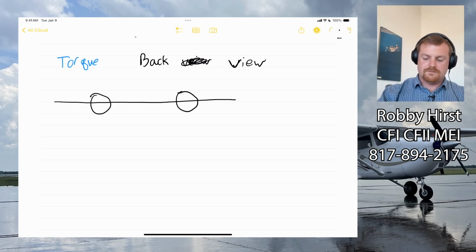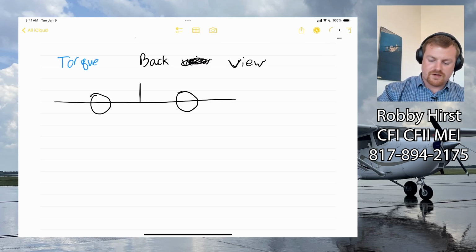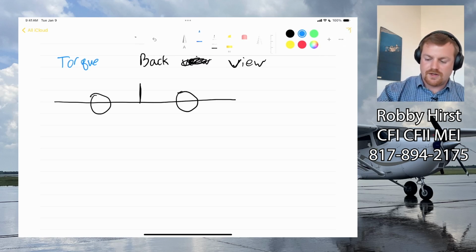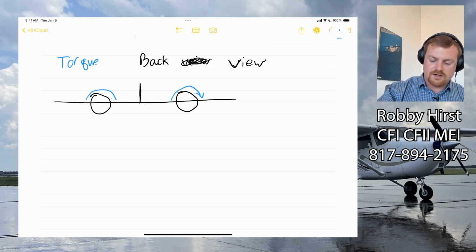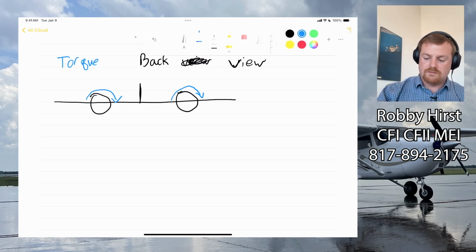All right, so both of our engines are, actually I'm going to draw our center line here. So we've got our tail here, and our fuselage there. So our engines are spinning to the right. And as they're spinning, there is an equal but opposite reaction spinning backwards.